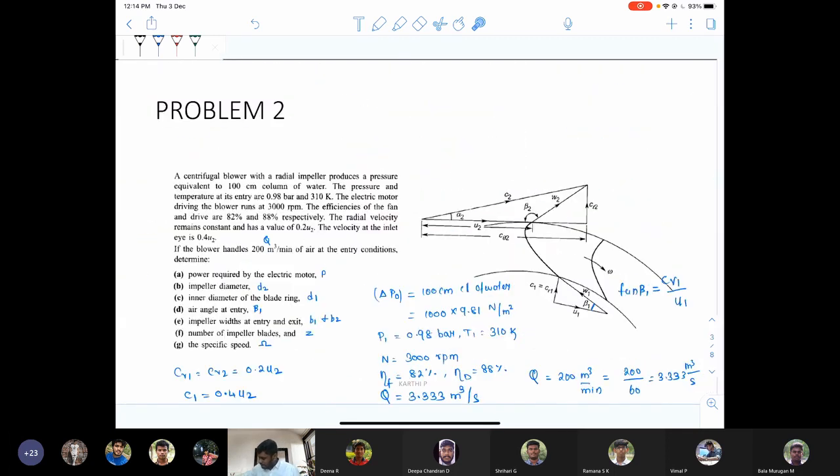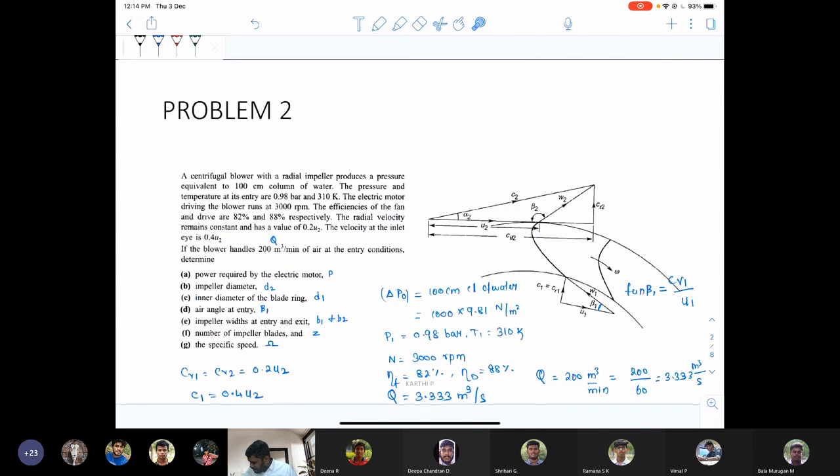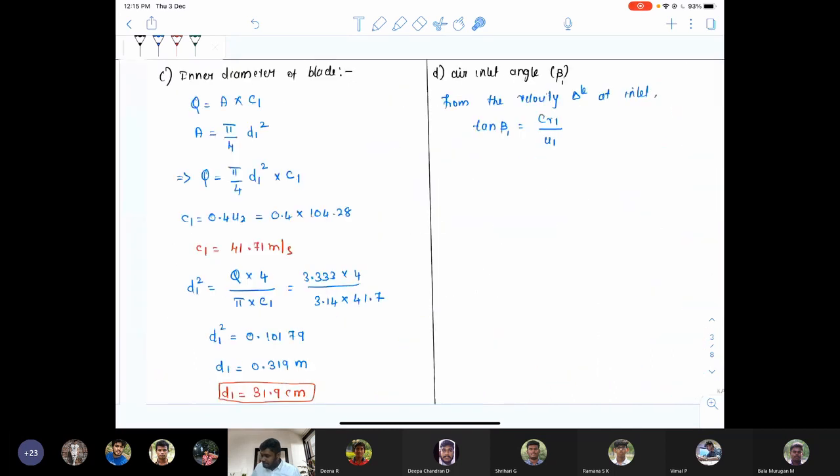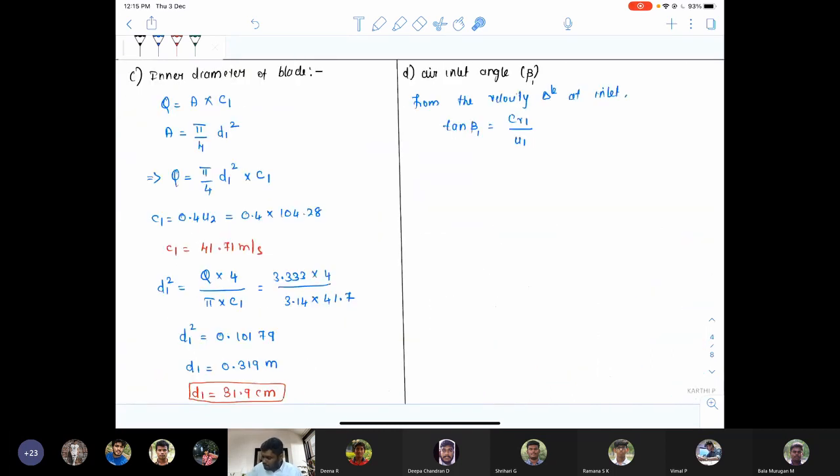In the question, it is given that the radial velocity remains constant and has the value of 0.2 U2. And from this, we have written C1 is equal to C2 is equal to 0.2 U2. Therefore, CR1 will be equal to CR2 will be equal to 0.2 U2.